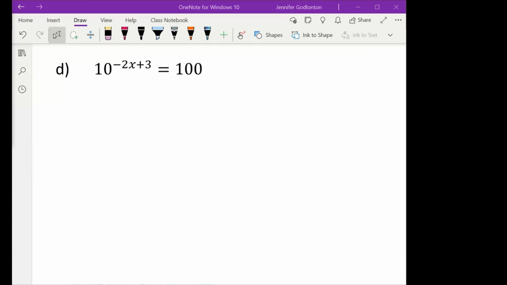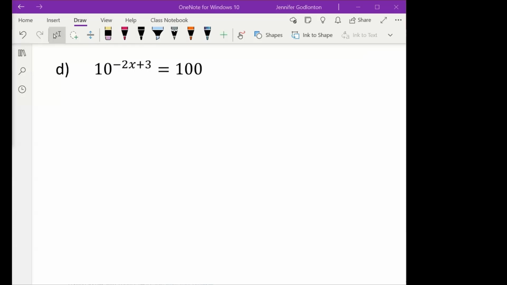You're welcome. I think you may have forgotten that you're dividing by a negative coefficient. Cool.